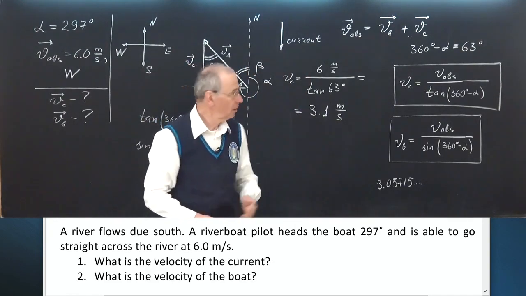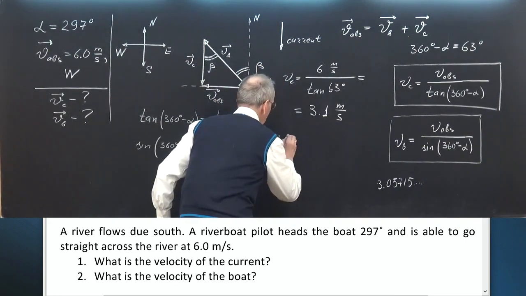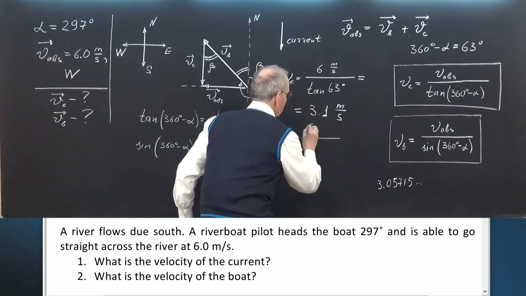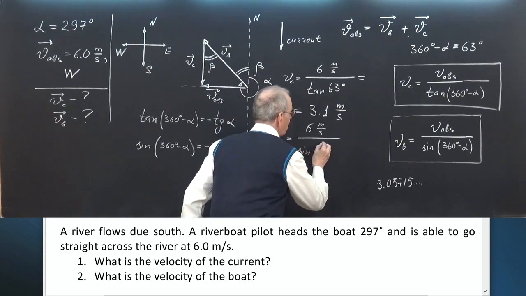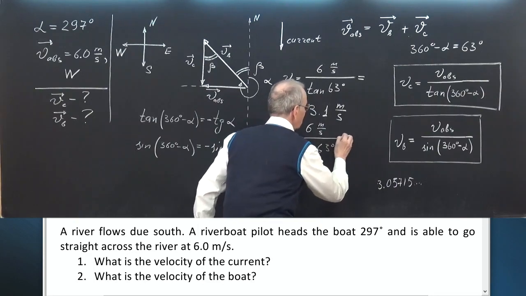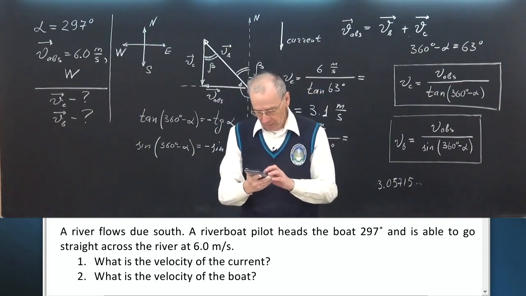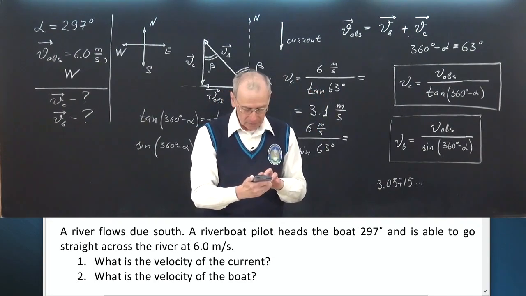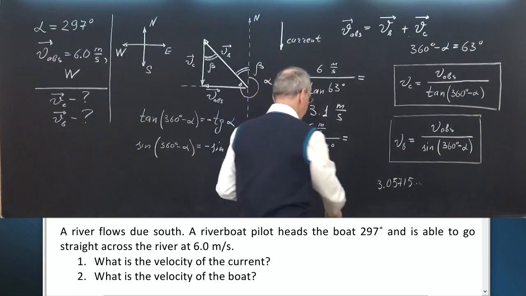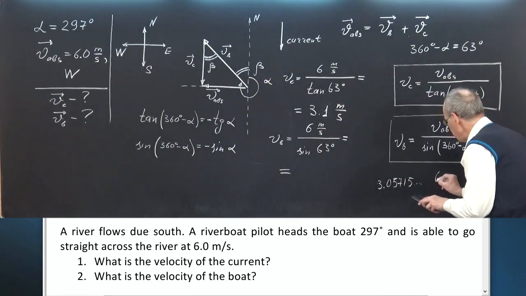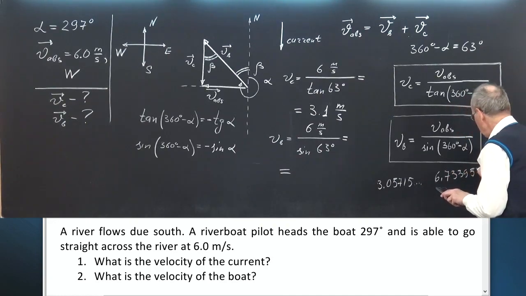And the next, the velocity of the boat. The speed of the boat equals 6 meters per second divided by sine of 63 degrees gives 6 over sine 63, 6.733957 and so on.